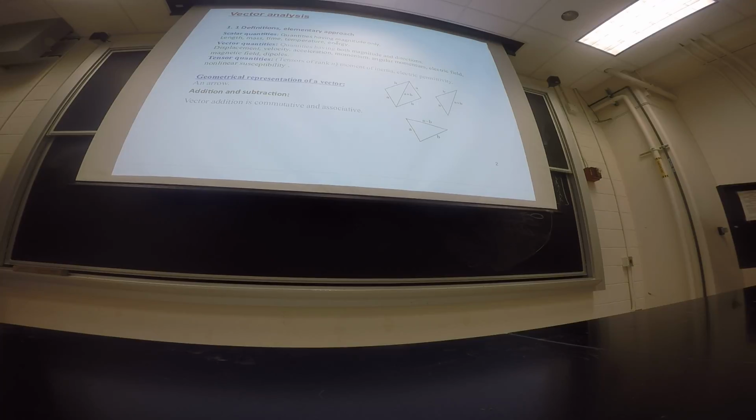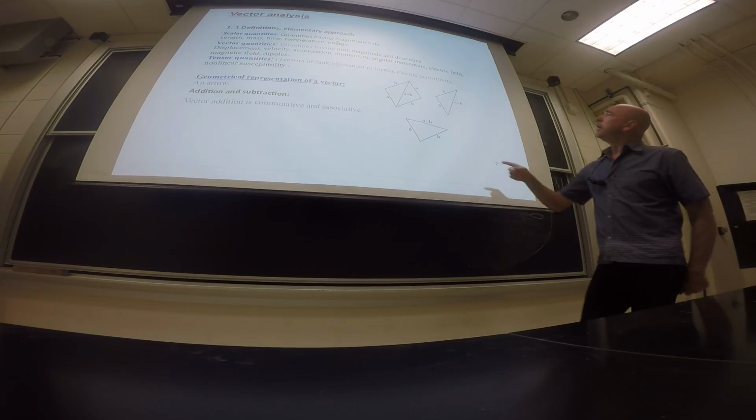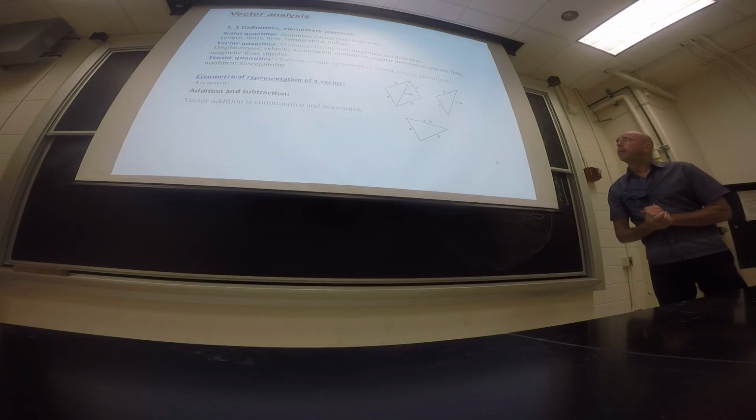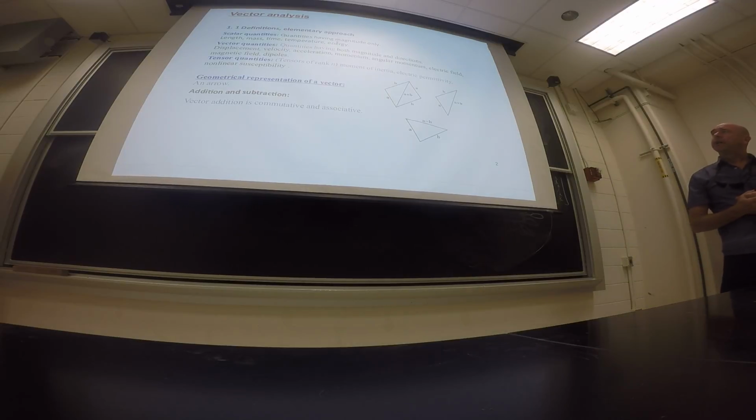Okay, so if we're looking at representing a vector, we basically do it as an arrow, as you all know. And if we're adding A and B together, this is A, this is B, we get basically the bisection of the parallelogram.